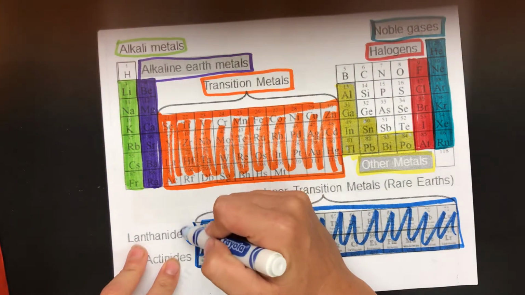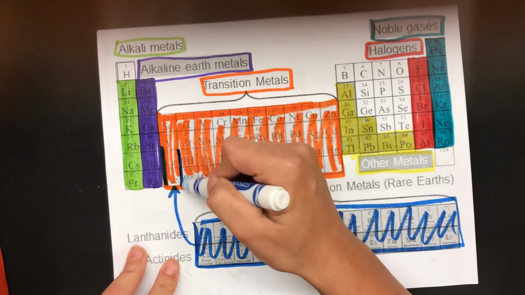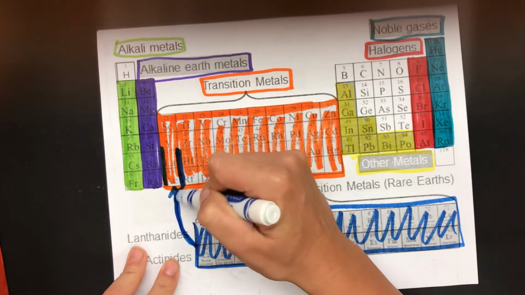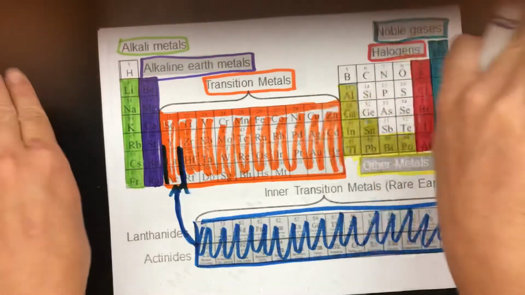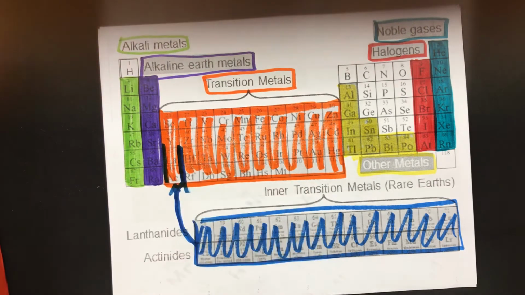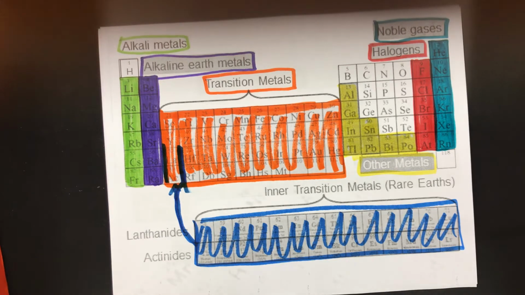Because they literally do fit right in there. If you were to spread it out, those two rows fit into that chunk. It would just take up more room than a textbook would be able to fit. They are divided up into lanthanides and actinides, named based on the group that it's next to.